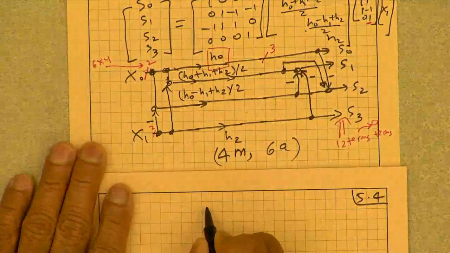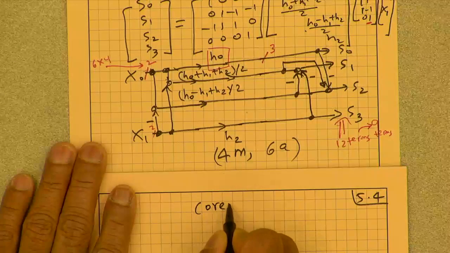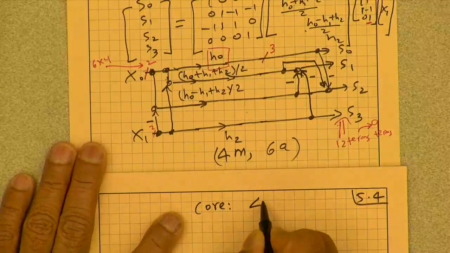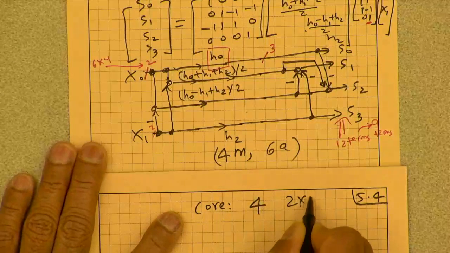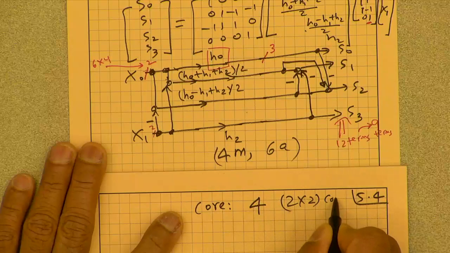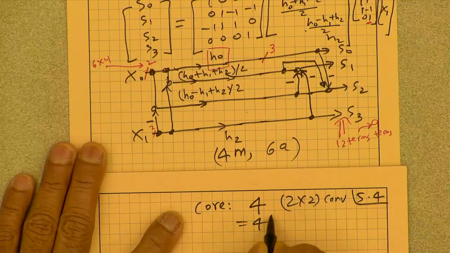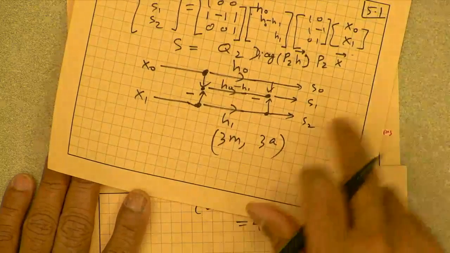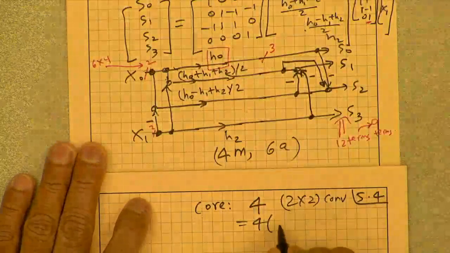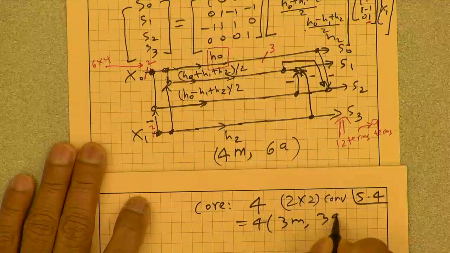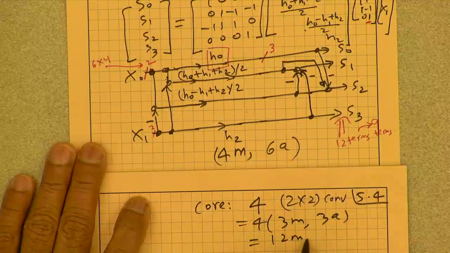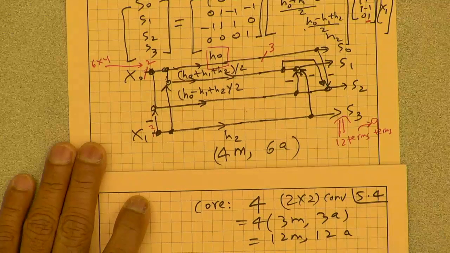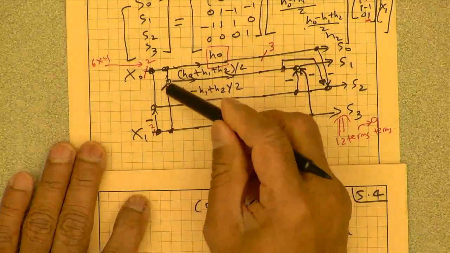So, the core part has 4 2 by 2 convolutions, and that is equal to 4 times each 2 by 2 is 3 multiply 3 add. So, 3 multiply 3 add, and that is 12 multiply 12 add. Okay. All right.